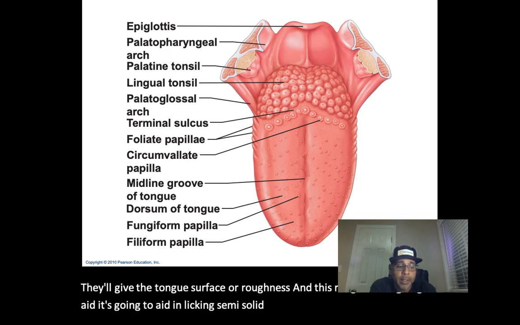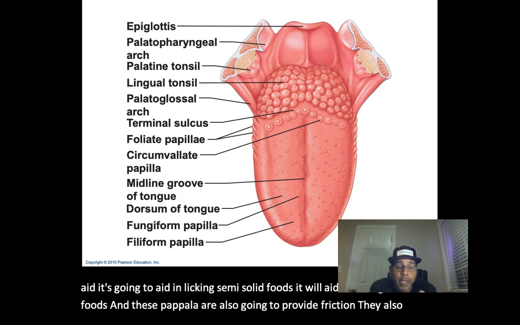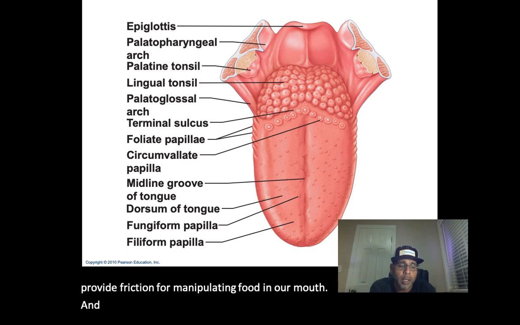These papillae also provide friction for manipulating food in our mouth. And they are the smallest and the most numerous papillae that we have.